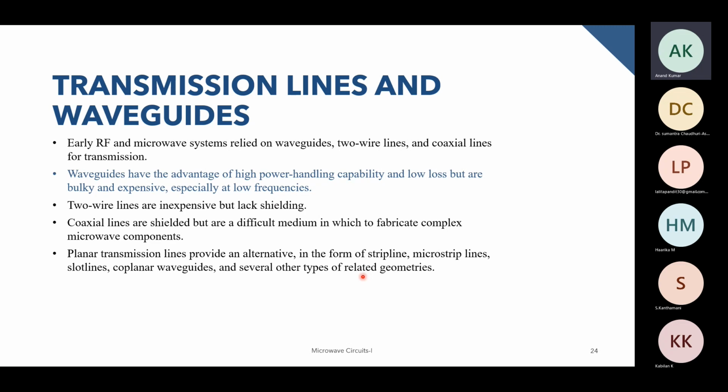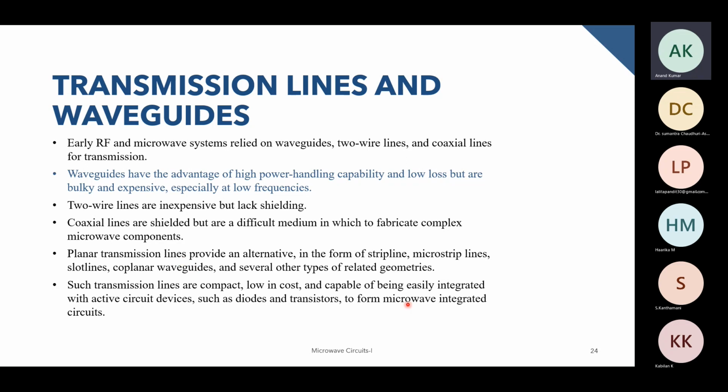They are very popular because they can be directly printed on the PCB, and you can directly solder components on them. Every electronic device that we have has a PCB, and they all have transmission lines inside them. Planar transmission lines are very popular, and now we also have planar antennas as well. So everything is on PCB now.